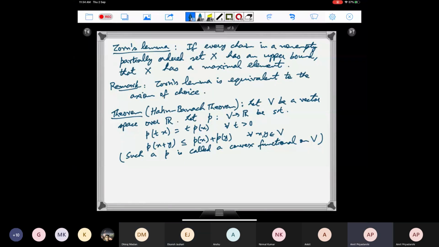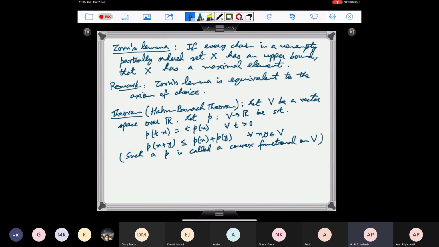If I have any real normed linear space, then the norm will satisfy these two properties, because the triangle inequality says that norm of x plus y is less than or equal to norm x plus norm y, and norm of tx is equal to mod t times norm x. But if t is positive, then mod t is equal to t, so we get t times norm x. You should keep in mind that the norm satisfies this, but there can be other things which are not norms that satisfy these properties.